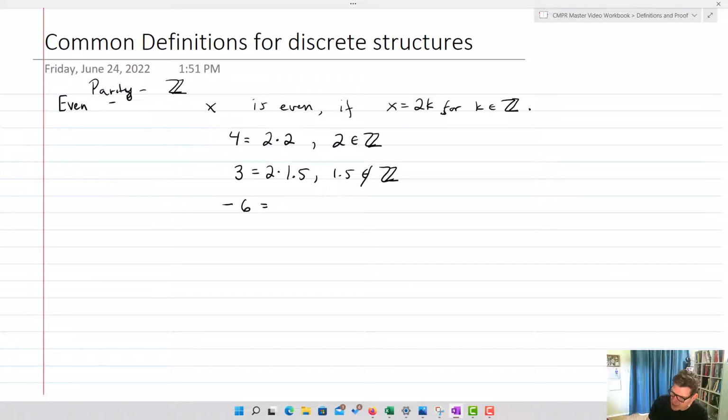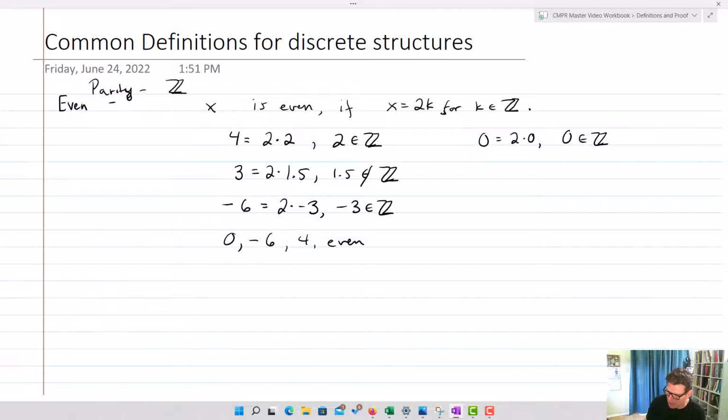Negative 6 is actually equal to 2 times negative 3. Negative 3 does belong to the integers, so negative 6 is even. So negative 6, 4, they're even. One other one you want to notice is that 0 is actually equal to 2 times 0, and 0 does belong to the integers, so that also means that 0 is an even number.